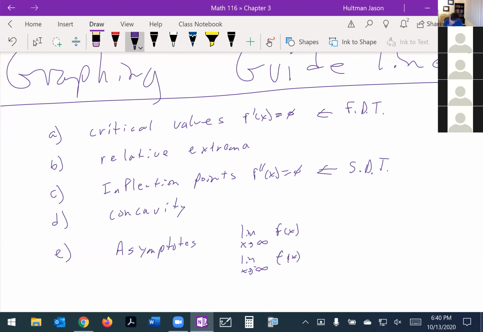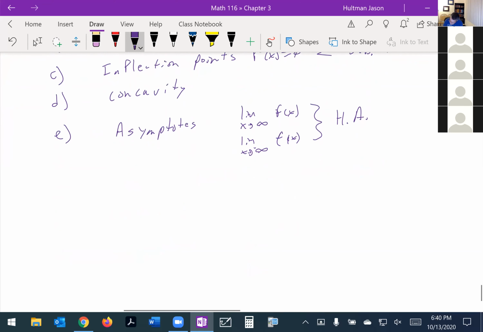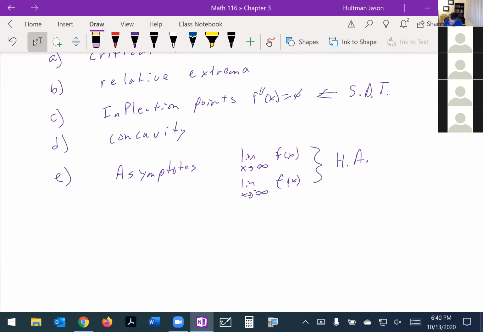These will give me my horizontal asymptotes. Whereas if I have a denominator, say that we have f of x equals p of x over q of x, then where q of x is equal to 0 will give me my vertical asymptotes.